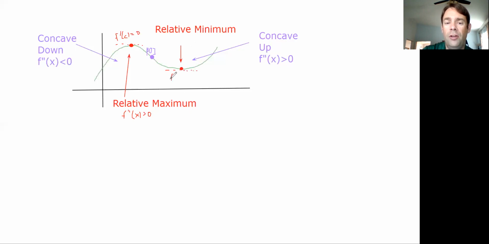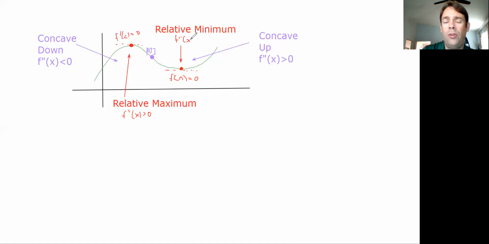For a relative minimum, we have another horizontal tangent line. If we had a first derivative equal to 0, let's call this one n, so f prime of n equals 0, just some random x value, and it was concave up in that region, that would have to be a relative minimum.